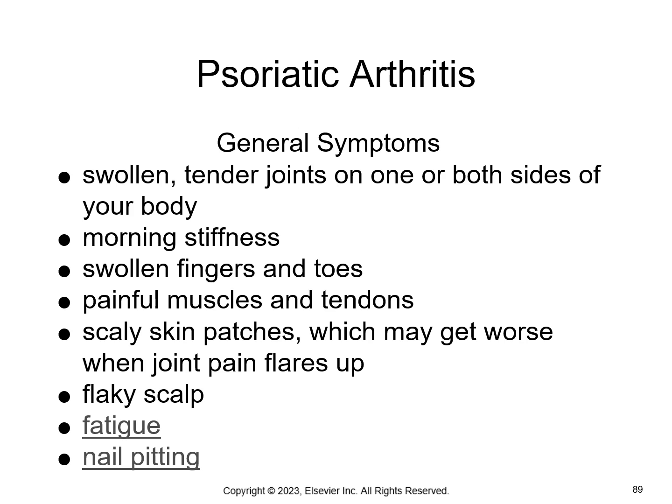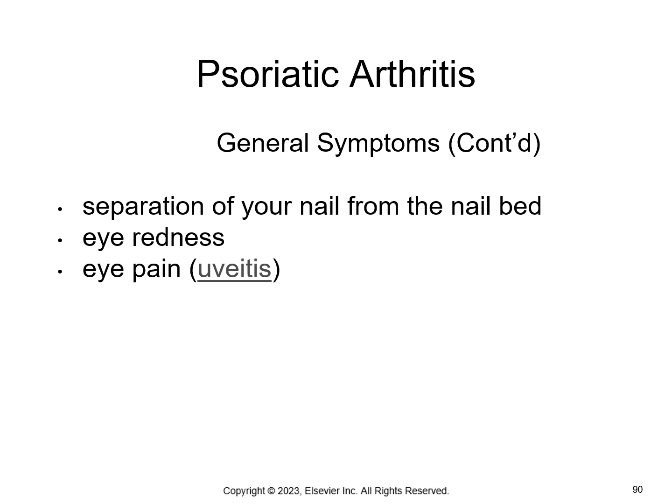In psoriatic arthritis, symptoms vary in individuals and depending on the specific form, but general symptoms can include swollen tender joints on one or both sides of the body, morning stiffness, swollen fingers and toes, painful muscles and tendons, scaly skin patches that get worse when the joint flare-ups occur, flaky scalp, fatigue, and nail pitting.